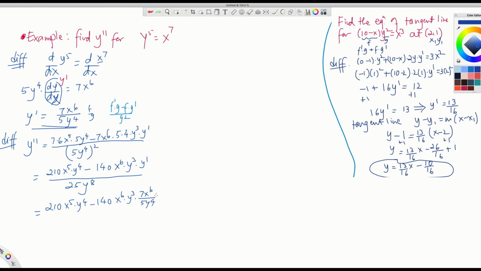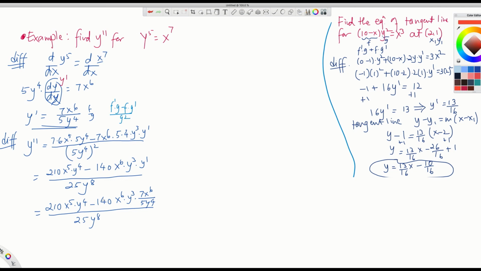I'm using that y prime from here, and then I'll cancel out the things that are common, divided by 25y to the 8.